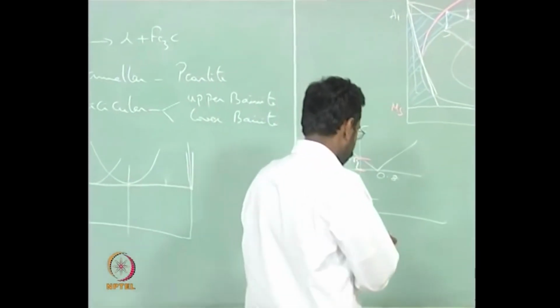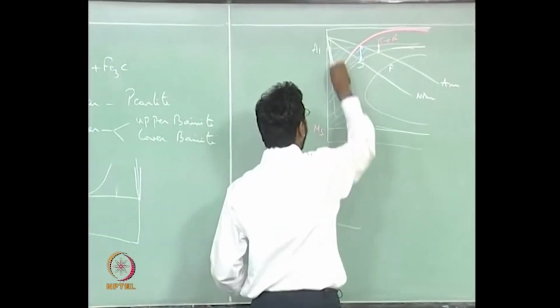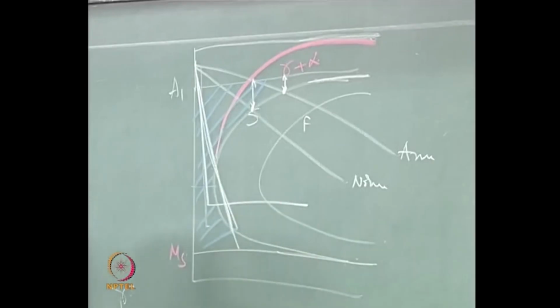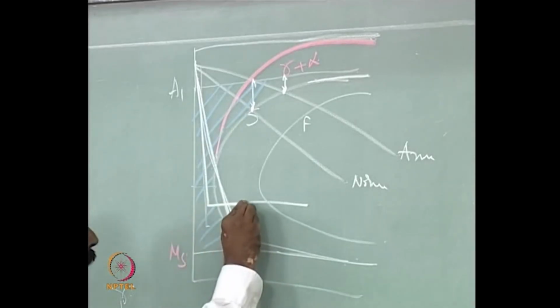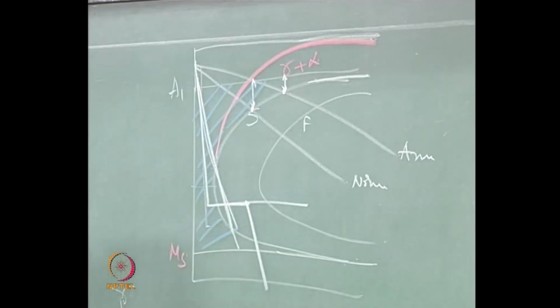And instead if I cool it to a lower temperature like this and hold it there, then the same gamma would undergo a bainitic transformation, whether it is upper bainite or lower bainite, and if I hold it for a shorter time and then cool it, then you will get what?